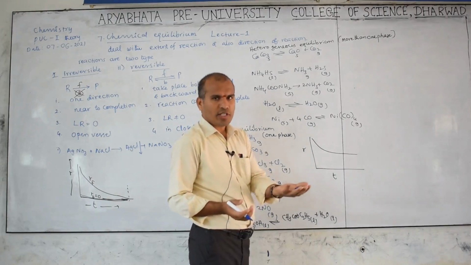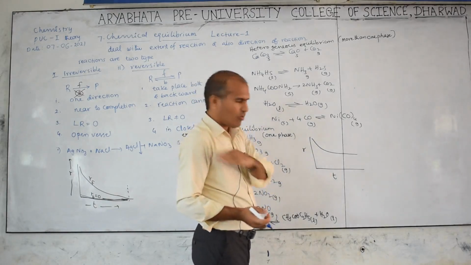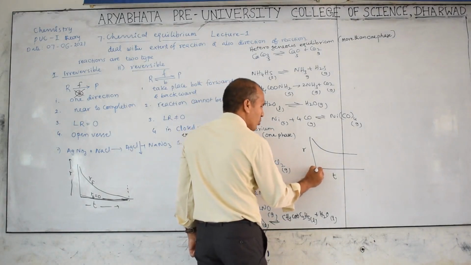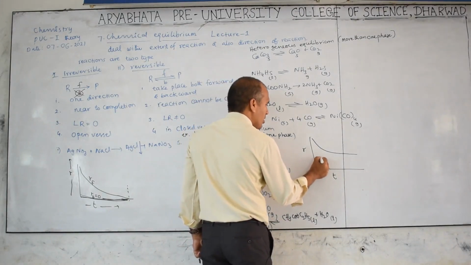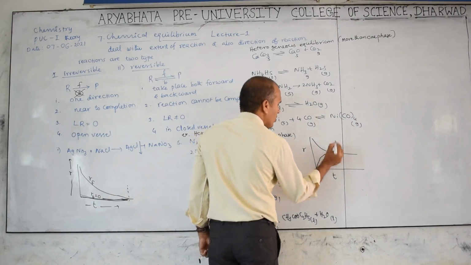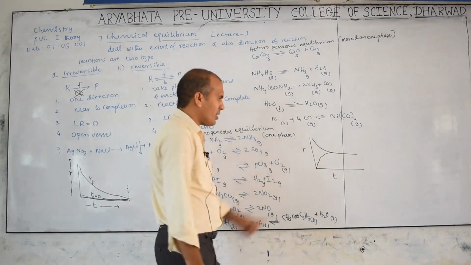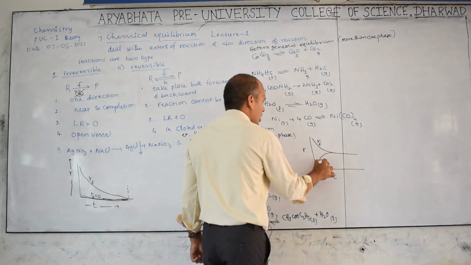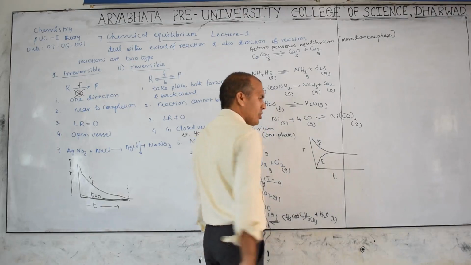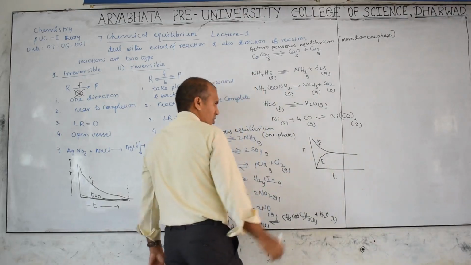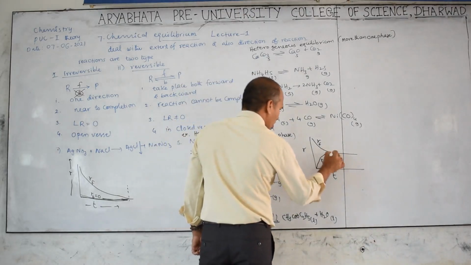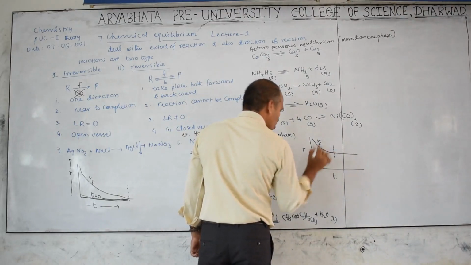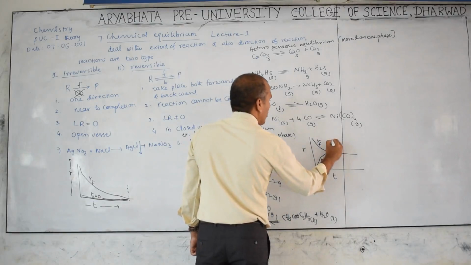When product concentration increases, the reaction goes backward. So the backward rate is initially zero, and after some time, as product concentration increases, it increases like this. This is the rate of forward and this is the rate of backward reaction. At a certain stage, the rate of forward and rate of backward reaction are the same. So this is called equilibrium.